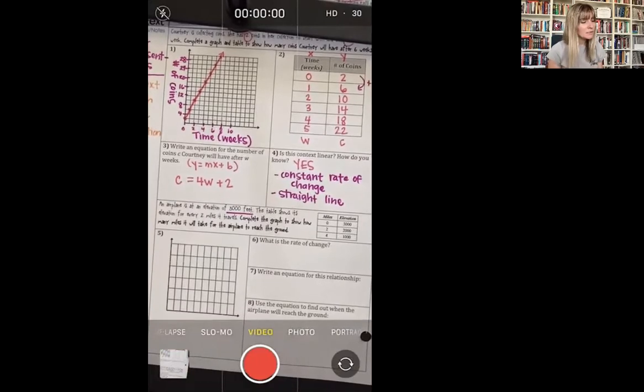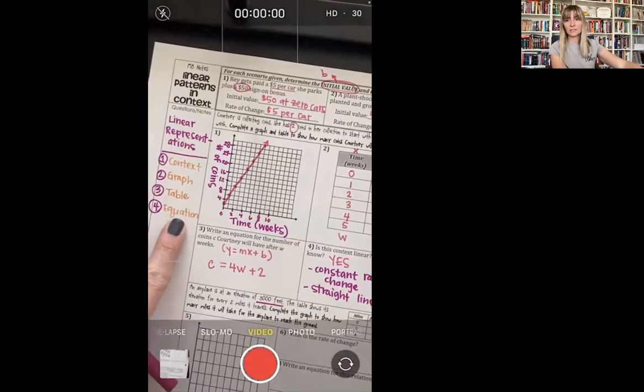The table shows its elevation for every 2 miles it travels. So in this scenario, I'm giving you a table and you're going to work from a table. So you might be given any one of these representations here. If I give you one, you should be able to come up with the rest, but all of them should verify in your work that it is linear.